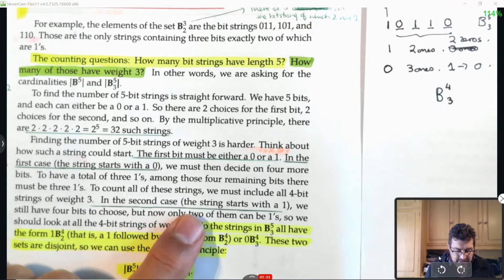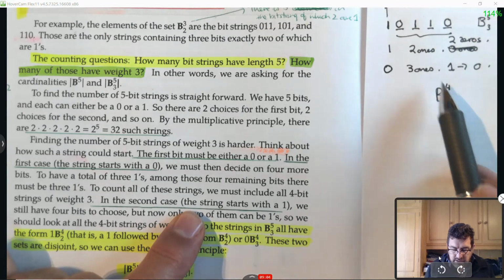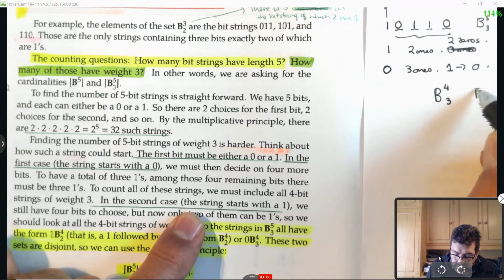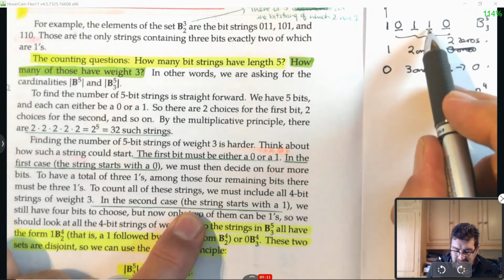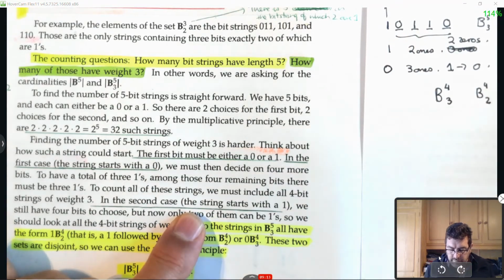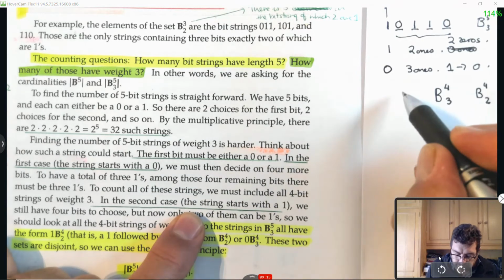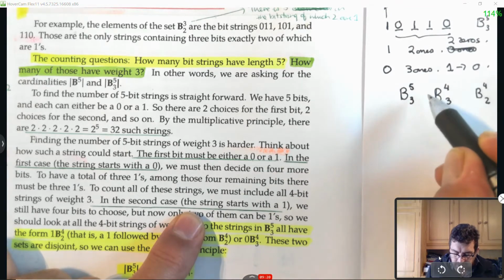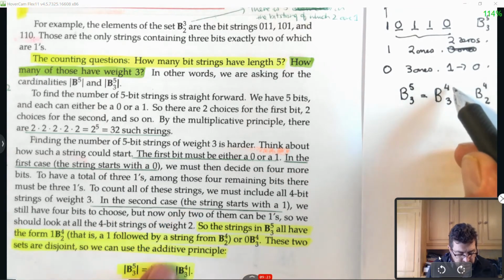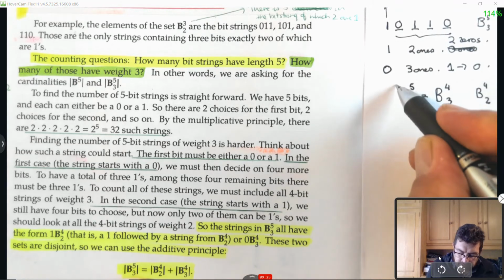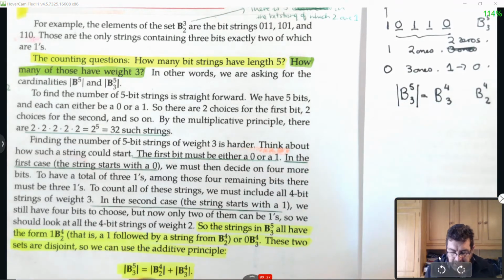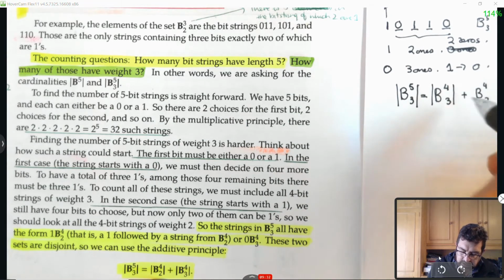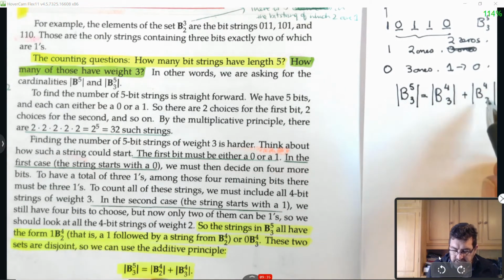In the second case, if we had started like we did here with a 1, then the remaining 4 bits must have a weight of 2. So to form the bit string with 5 elements and a weight of 3, the cardinality will be the cardinality of this set plus the cardinality of that set.